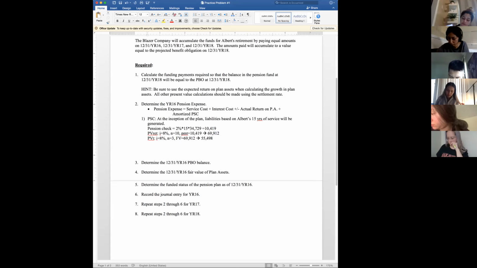And at the same time, that is the PBO balance as of 1/1/16. Because this is the first day of this plan, this prior service cost on today's date is the PBO balance, the total obligation balance.